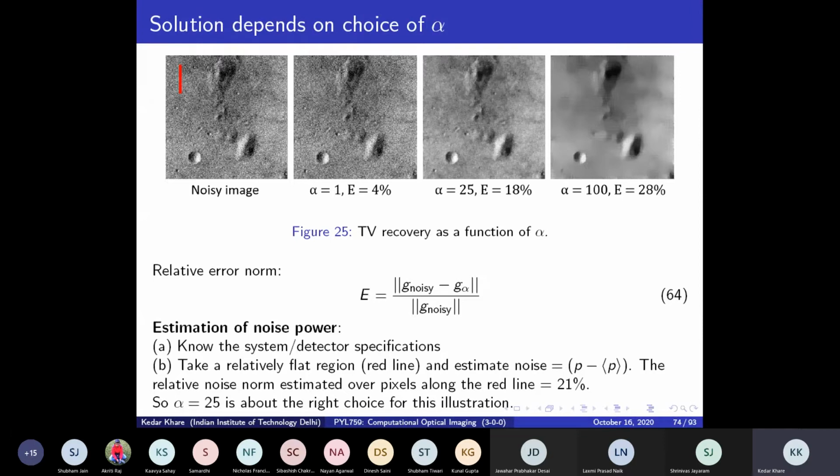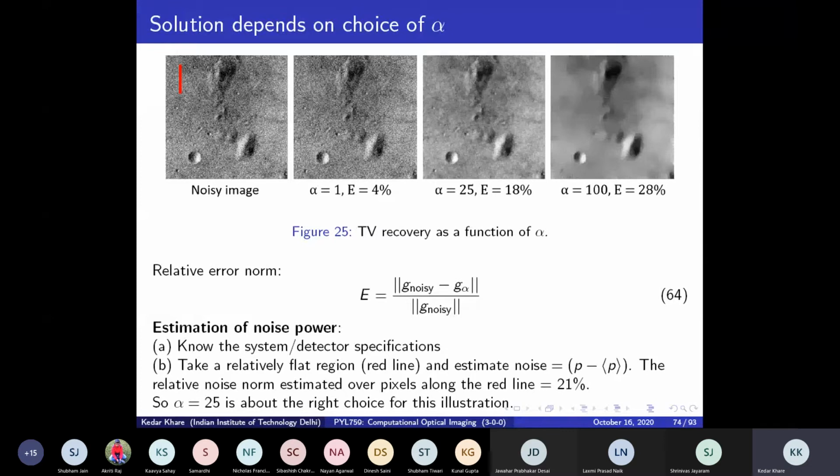And you can see how the choice of alpha affects your solution to the optimization problem. Notice, however, that the major features are still preserved, but the alpha equal to 100 image looks very artificial. The alpha equal to 25 is the image that I showed you before, and then there is the alpha equal to 1 image as a solution.